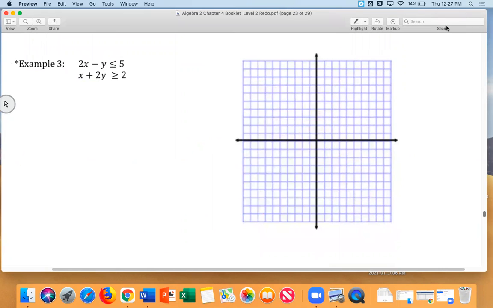Now, how would I tackle a problem like this? Okay, well, this is going to be my red equation: 2x minus y is less than or equal to 5. With these problems, I would probably just get it into slope-intercept form. And why would I do it that way? Because I know 2 can't go into 5.